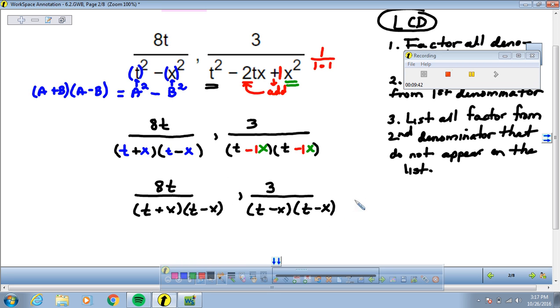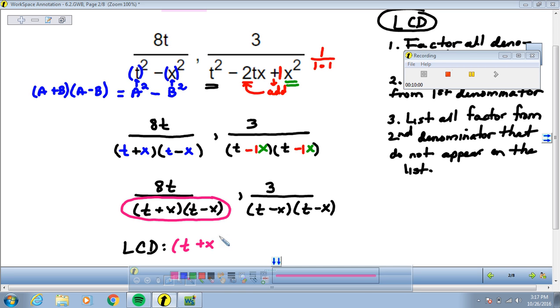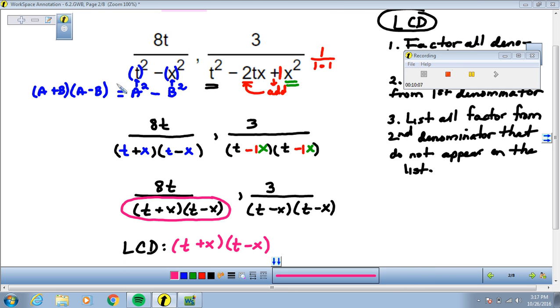So according to the rule, if I want to find my least common denominator, which we abbreviated LCD, we're going to list all of the factors from the first denominator, which is t plus x and t minus x. Okay? But also you need to list any factors from the second denominator that we have not listed.